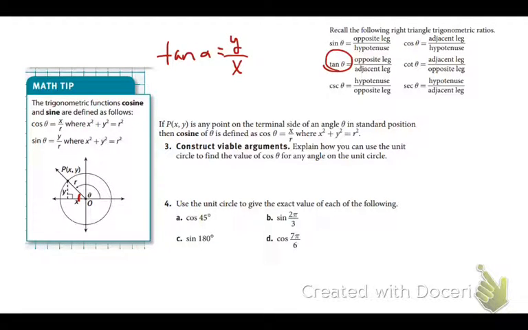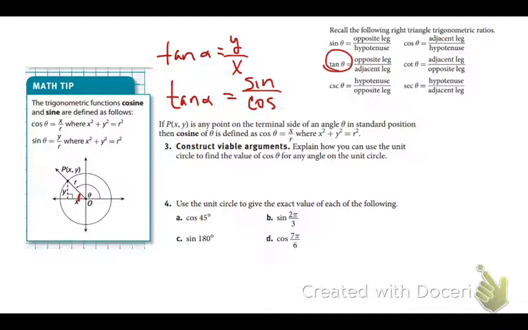Well, actually, we found y to be sine, and we found x to be cosine, did we not? Okay. So we can find tangent, which is our sine over our cosine.